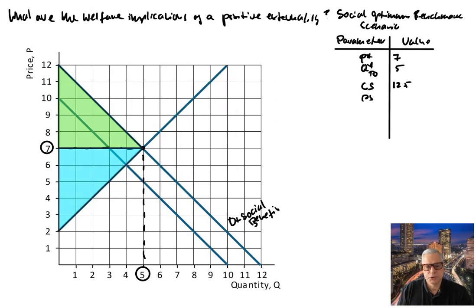And producer surplus is obviously also 12.5. Okay, so total welfare should be 25. But now what do we actually get? Because we do not factor in the social benefit, the market actually clears at the price of 6.